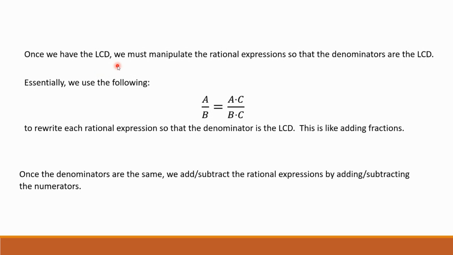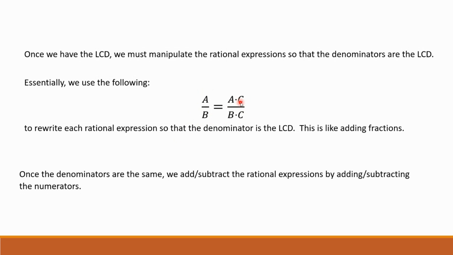And here, this is how we manipulate so the denominators are the same. Whatever factor we're missing to get the LCD, we multiply the denominator by it. And whatever you do to the bottom, you have to do to the top. That's what this is reminding you.